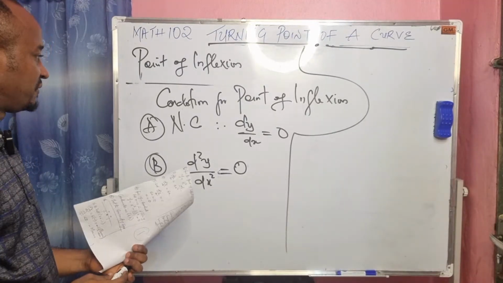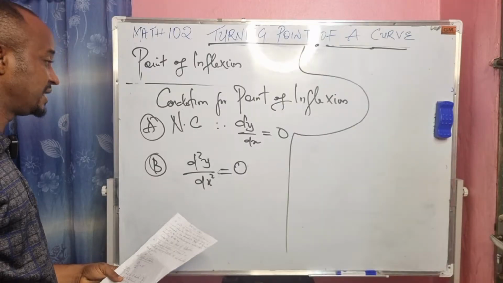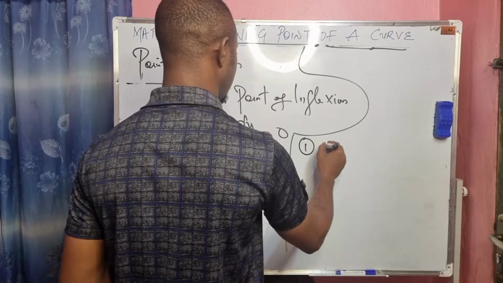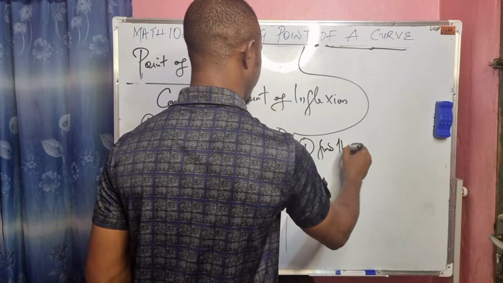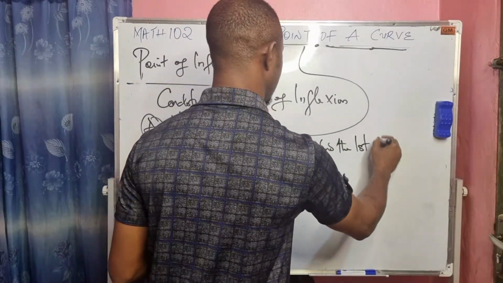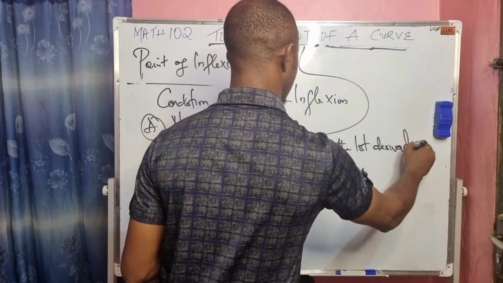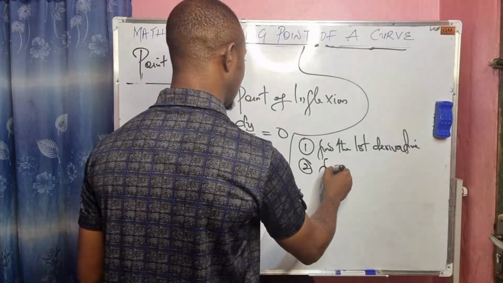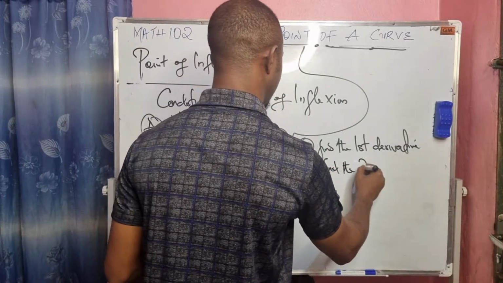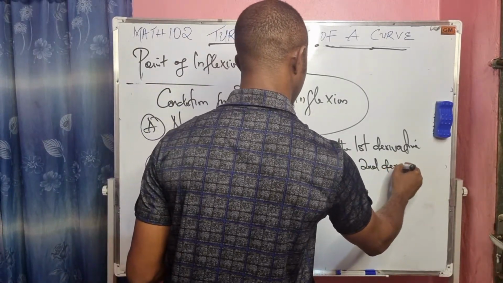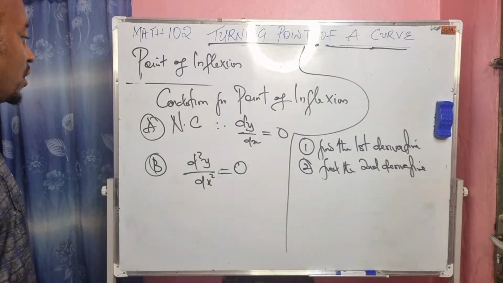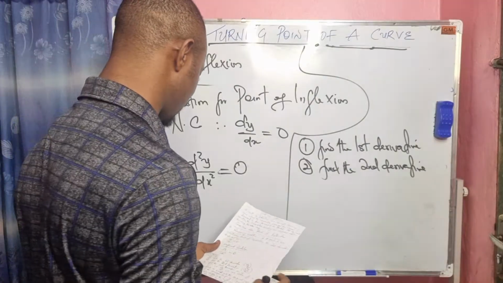The first step is to find the first derivative. Number 2 is to find the second derivative, which we call the sufficient condition.